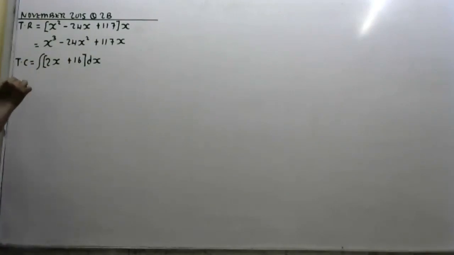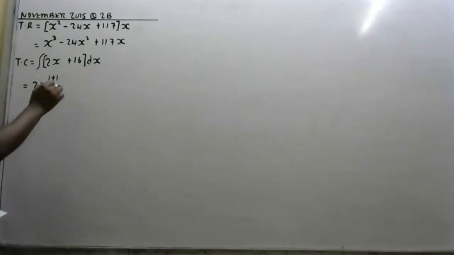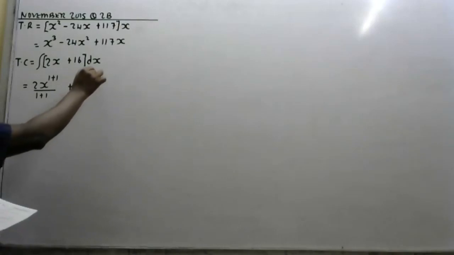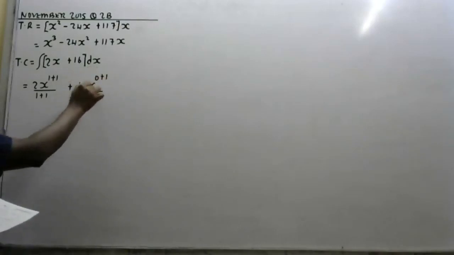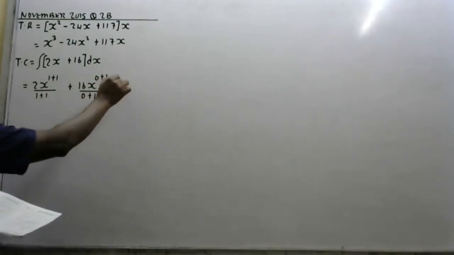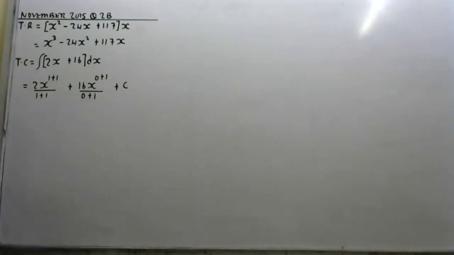So this becomes 2x raised to power 1, you add back 1, you divide by the new power, 1 plus 1, plus 16x raised to power 0, you add back 1, you divide by the new power, 0 plus 1, and then you add the constant of integration, c.